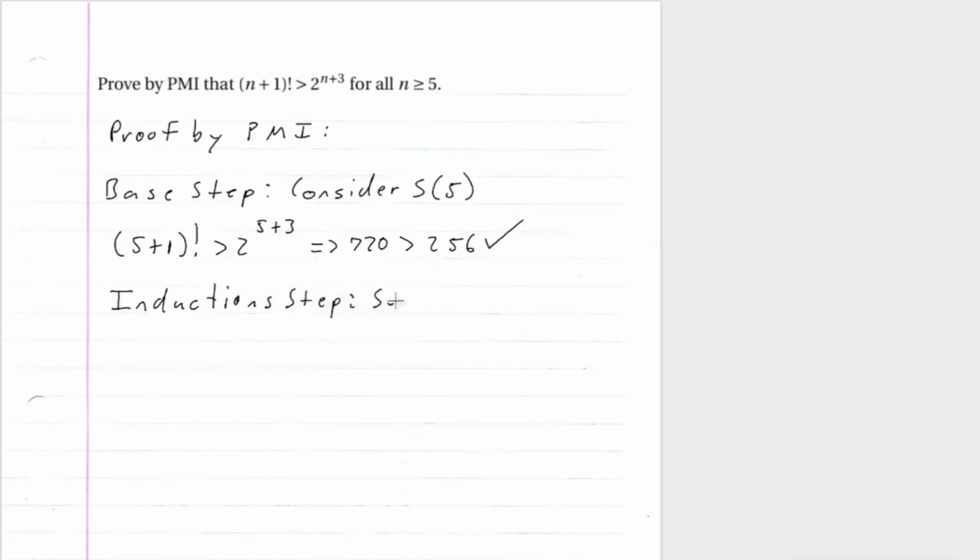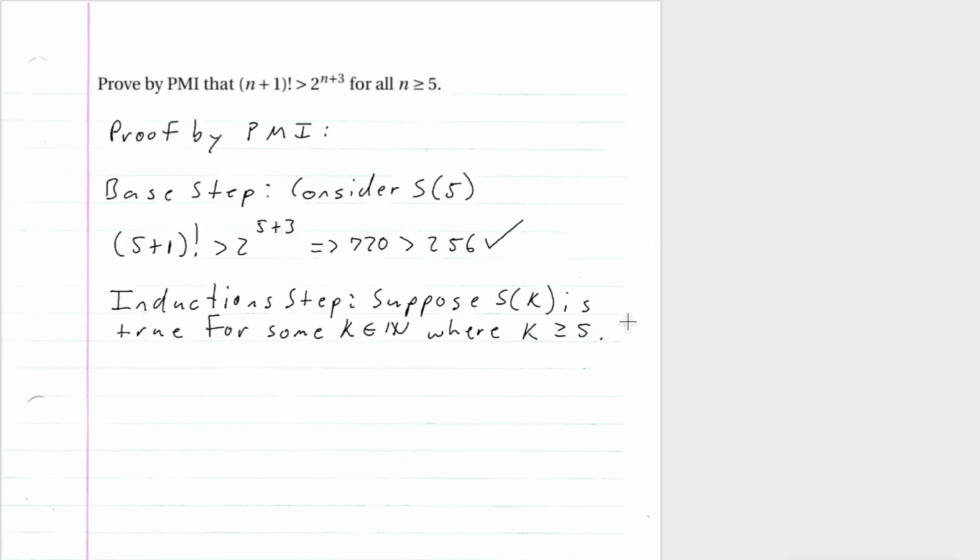So we're going to suppose the statement involving some k is true for some k contained in the natural numbers where k is bigger than or equal to 5.